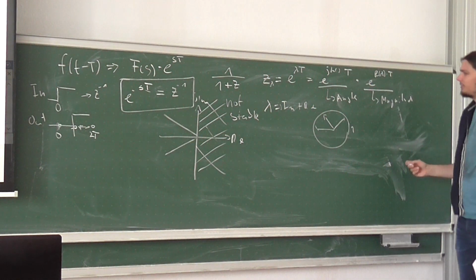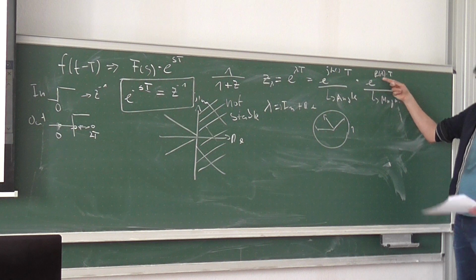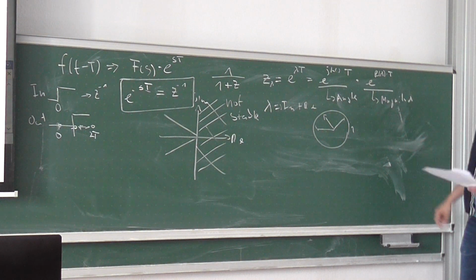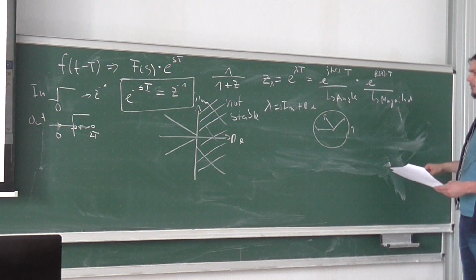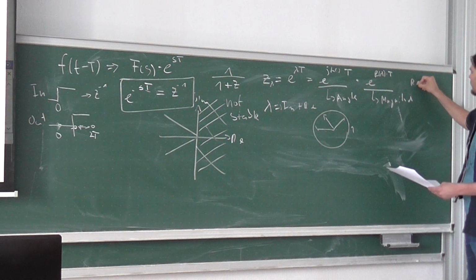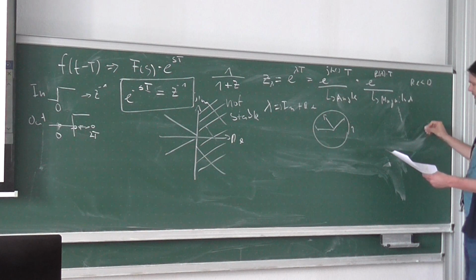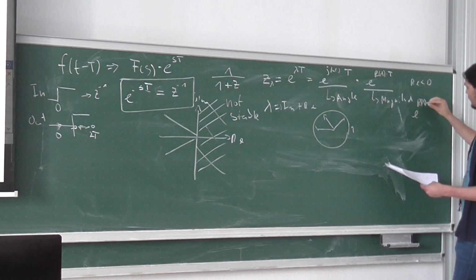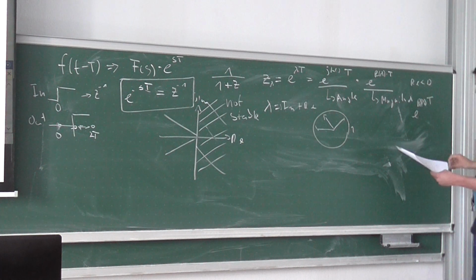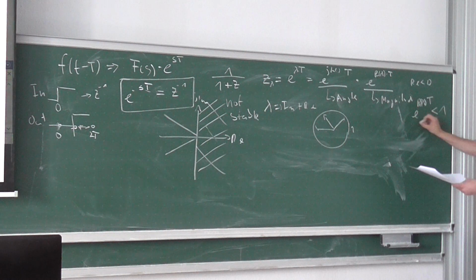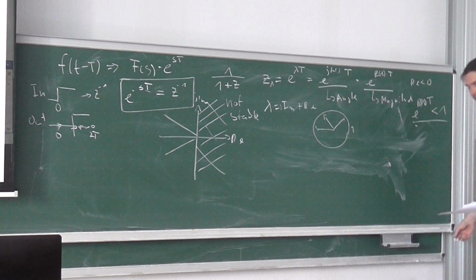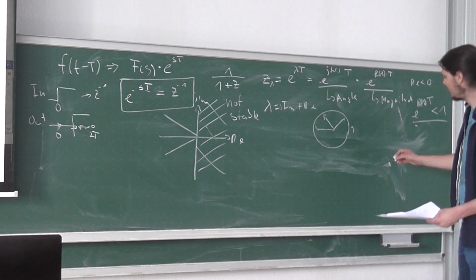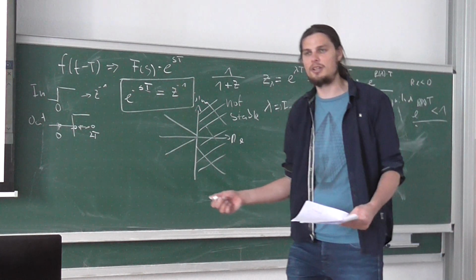So if the real portion can be bigger than, or it has to be lower than 0, right? If the real portion has to be lower than 0, then also e to the real portion times t will be smaller than 1. Okay? So that means in the z-domain, we plot this like polar coordinates, because that's what we do.